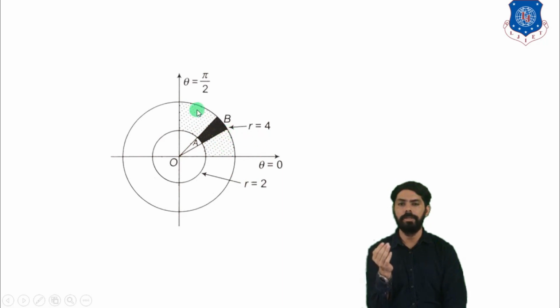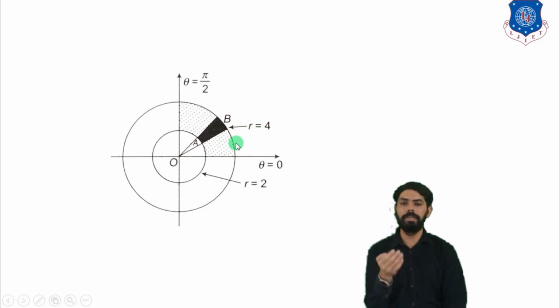So this is required region. Now here we will find out limit of r and theta. So here if you look at the radius strip, then lower part of strip intersects at r equal to 2 circle. Therefore lower limit of r will be 2. And upper part of the radius strip intersects at r equal to 4 circle. Therefore upper limit of r will be 4.